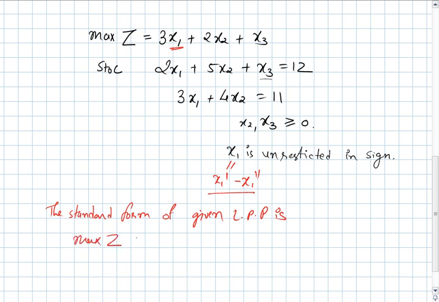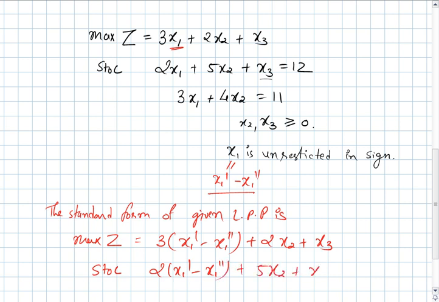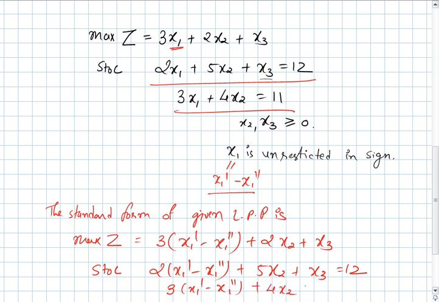So maximize z equals 3 times (x1 dash minus x1 double dash) plus 2x2 plus x3, subject to the constraints 2 times (x1 dash minus x1 double dash) plus 5x2 plus x3 equals 12, that is from the first constraint, and from the second constraint 3 times (x1 dash minus x1 double dash) plus 4x2 equals 11.